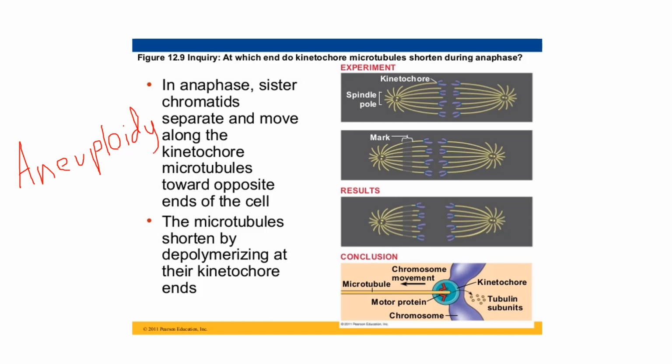And so you can have polyploidy, which is too many chromosomes, or you can have too few chromosomes, but either way you have an abnormal chromosomal number as a result of that non-disjunction. But this whole process is very highly controlled to try to eliminate that from happening, so that the germ cells produce daughter cells, produce gametes that are correct, that are haploid, and that are ready to be involved in the process of fertilization.